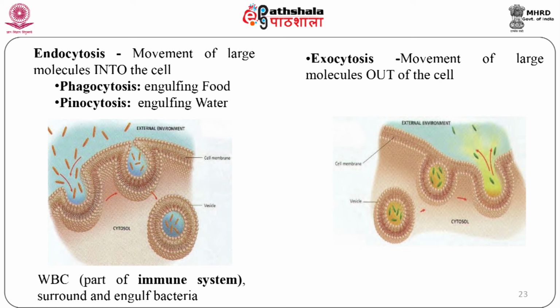Endocytosis is the movement of large molecules into the cell. During endocytosis, the membrane starts to make an inward fold. Large molecules move into that opening or pocket and the membrane surrounds the molecule with a bilayer, creating a vesicle. The vesicle, that is the molecule inside it, moves into the cell.